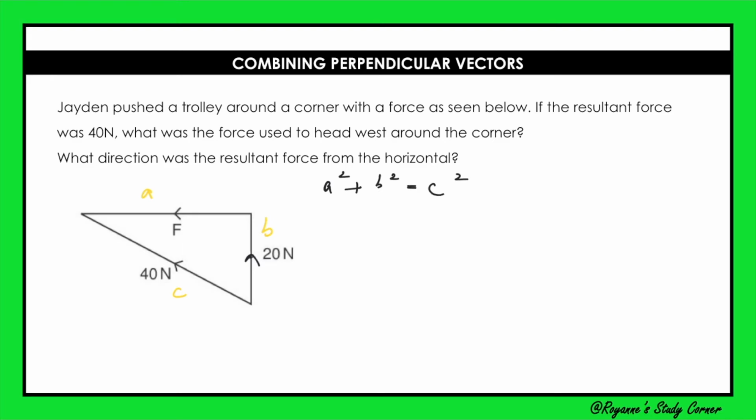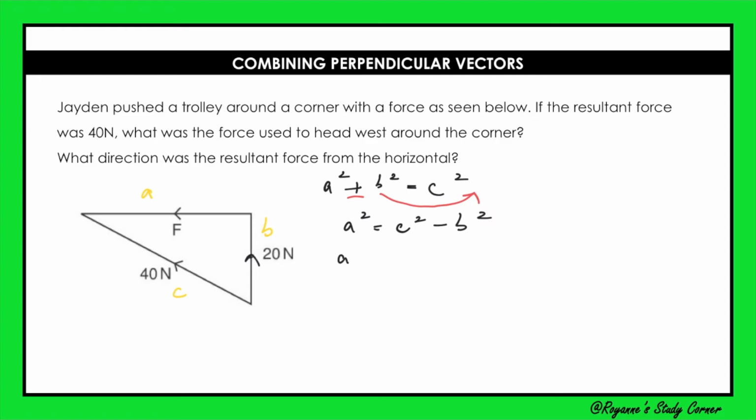But in this case, I want to know what A is. So therefore, I want A squared on one side by itself. The other thing that is on the same side of A squared is B squared. So I have to think now, what can I do with this B squared to get it over on the other side? Now if I look at it, I see on this side we have plus B squared. So if I carry it over on the other side, it will become negative. So I'll have A squared is equal to C squared minus B squared.